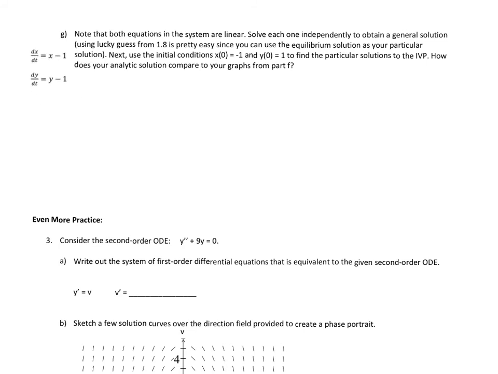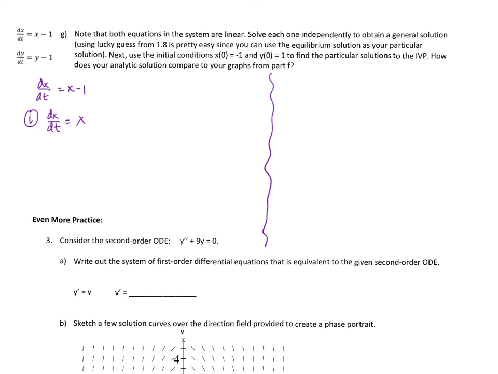All right, so I'm going to just put these over here out of the way. I have to solve both of them. So I'm going to work on dx/dt first. So dx/dt is x minus 1. So step 1 of lucky guess is to solve the associated homogeneous equation, which is just dx/dt equals x.